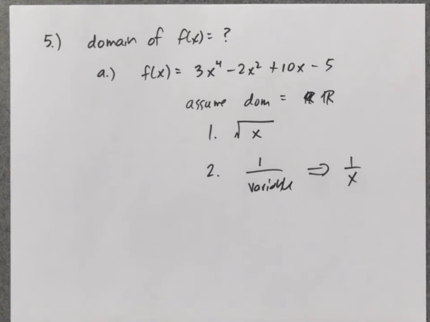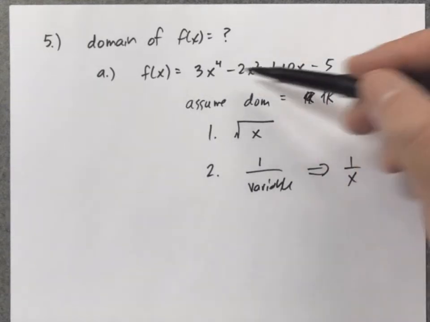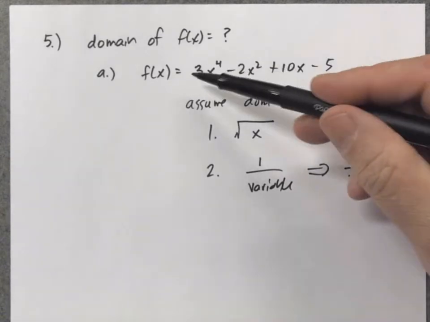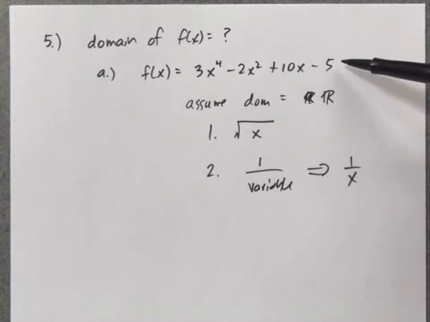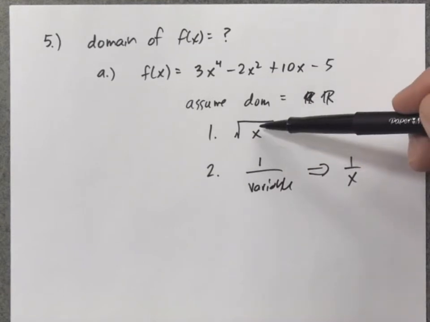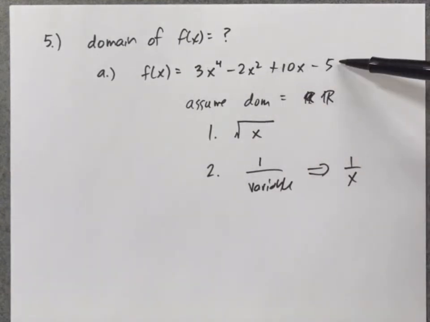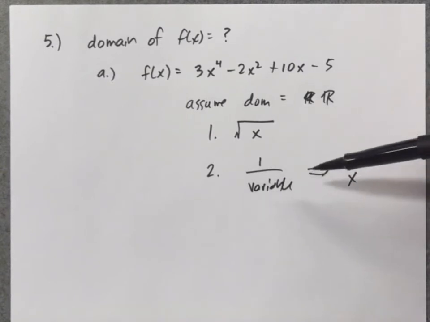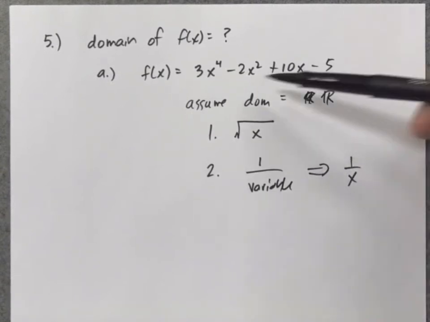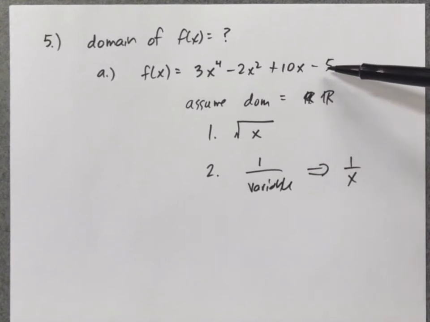So I look at my function, and I assume to start out with the domain is all real numbers, and then I ask myself, for my function, do I have any variables under the square root? Well, I don't even have any square roots here, so nope. Then I say, do I have any variables in the denominator? Well, once again, there are no fractions in this function.